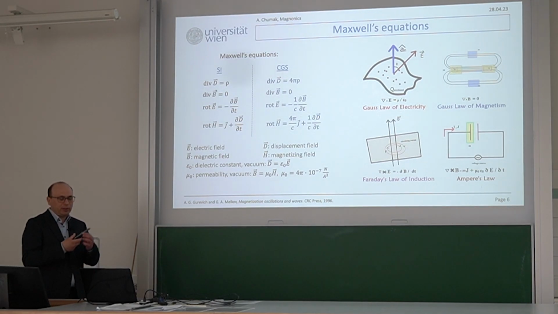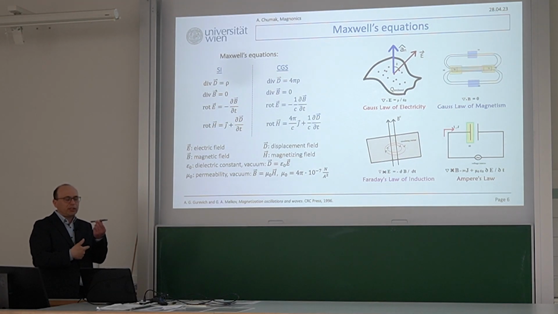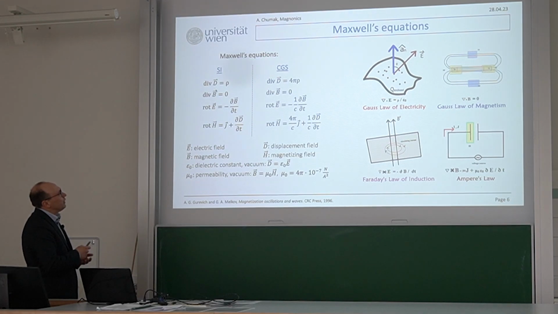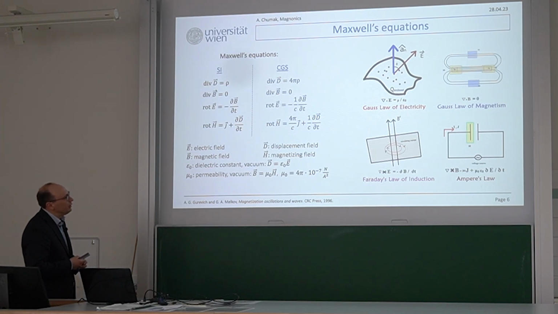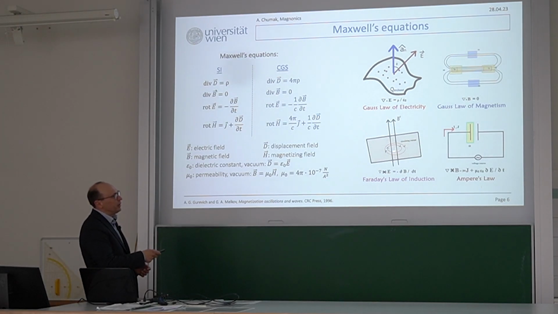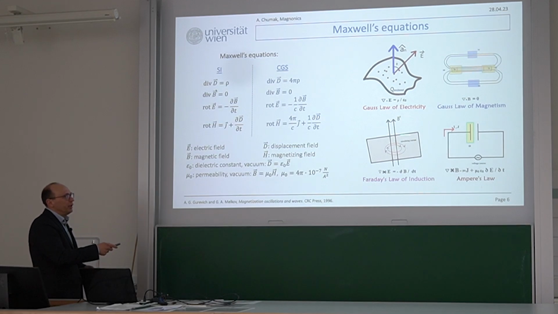Whatever you have in the system, there will always be a dipole. If you cut it in the middle, there will again be dipole and dipole. The next one is rotor E equals minus dB over dt. It's Faraday's law of induction, which means that if you change the field, so it's not constant, there is a variation of the applied magnetic induction B, there will be an electric current in a circular form.